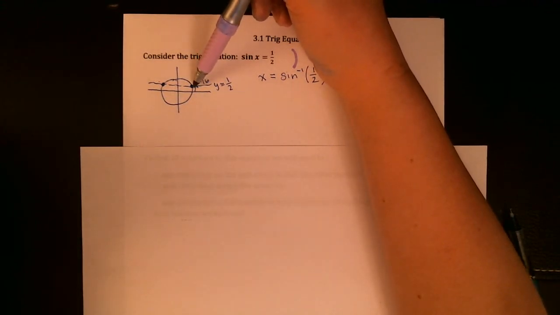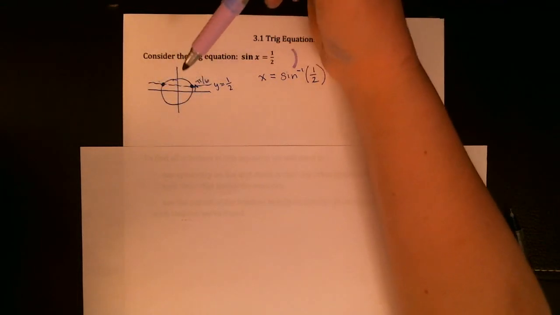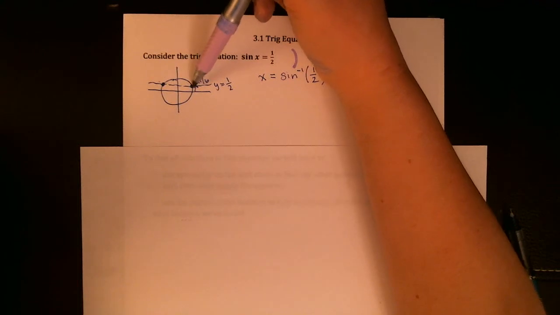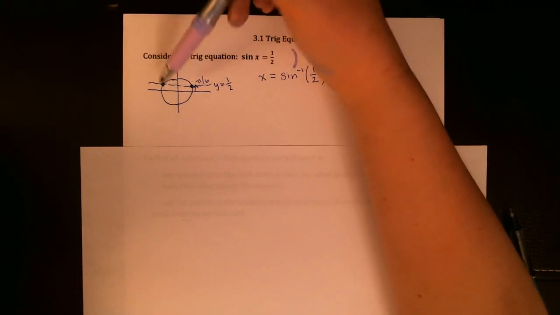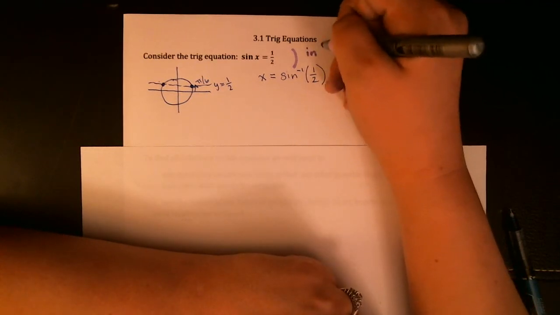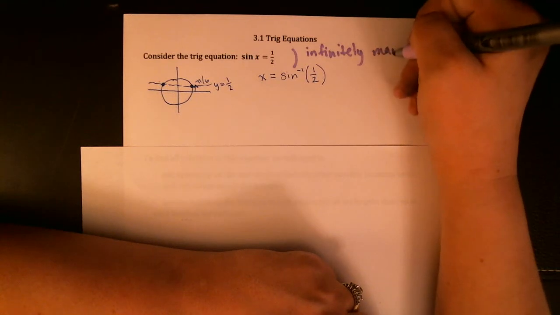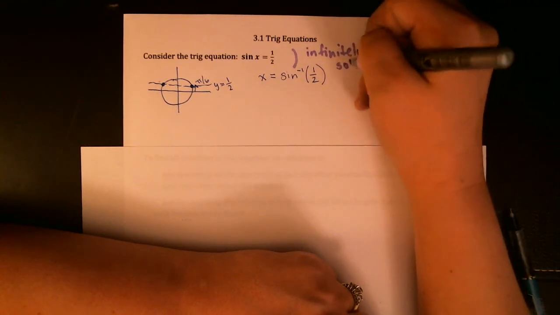So yes, pi over 6 is one, but so is 13 pi over 6 or negative 11 pi over 6. There are infinitely many arc lengths that land at the point in quadrant 1 and infinitely many that land at the point in quadrant 2. So this has infinitely many solutions.